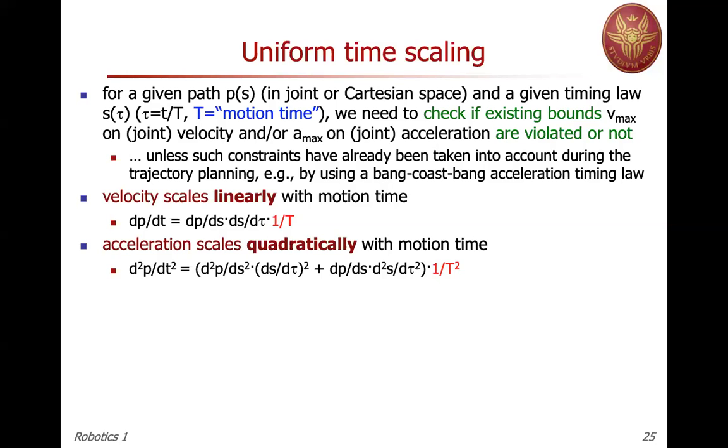We do the operation, and we can see that we can factor out, for the two terms that will occur, a factor 1 over T squared, because there's a factor 1 over T within the ds d tau over dt in the first addend, and there's a factor 1 over T squared in the second derivative of s with respect to time, which converts into this factorization.